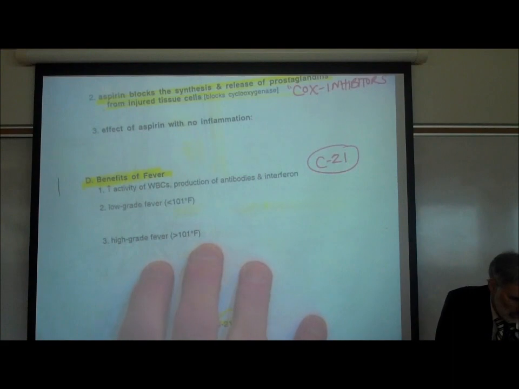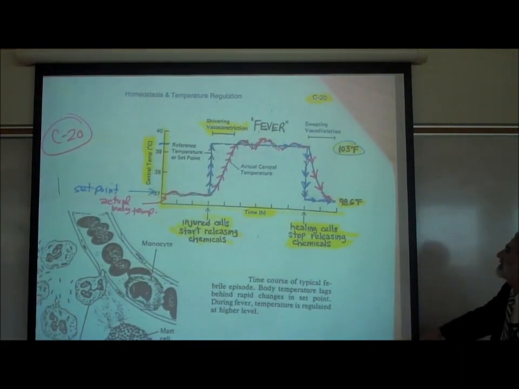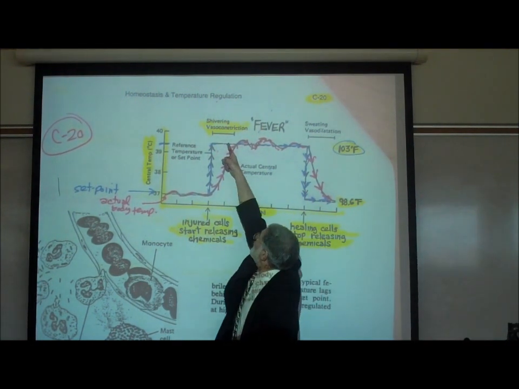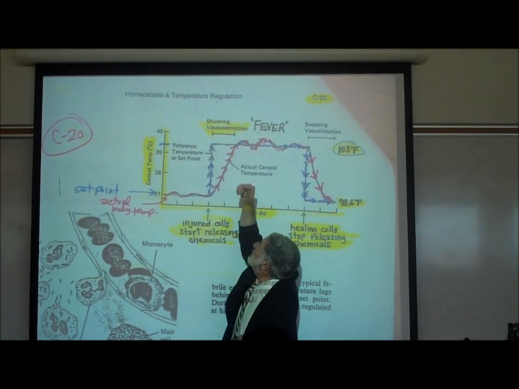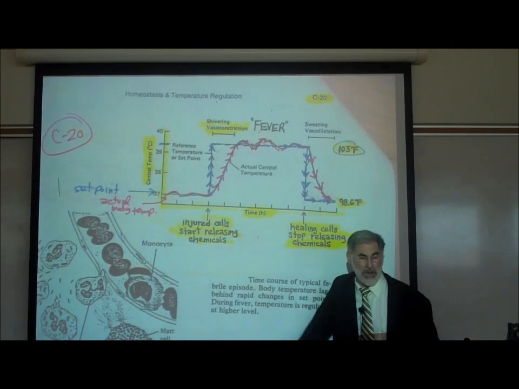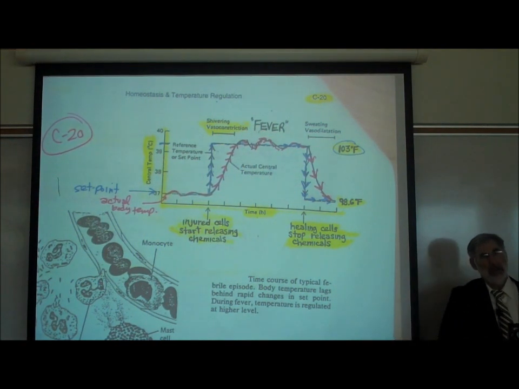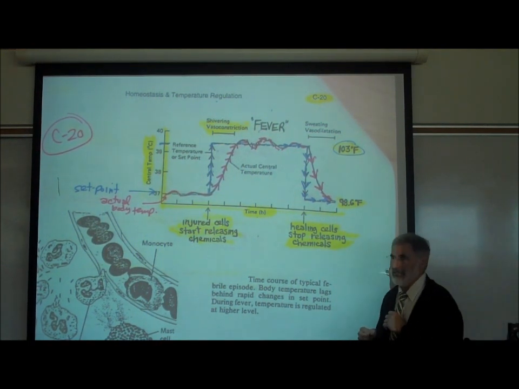So that's what we saw here, is that the constriction of the vessels in the skin, reducing radiative heat loss, and the shivering all generate heat. And now your body temperature becomes as high as the set point. What we're actually saying is this.